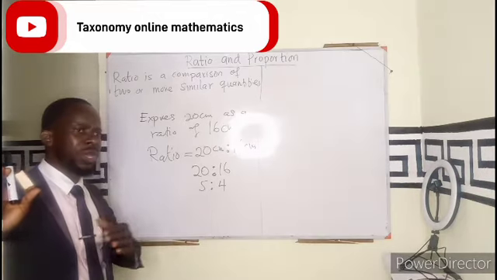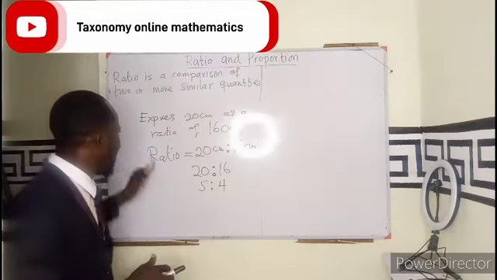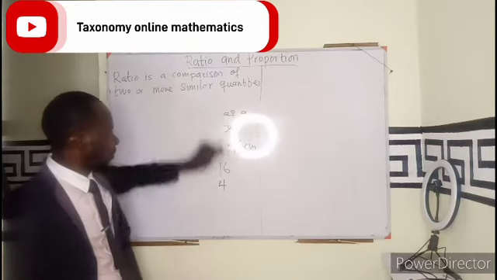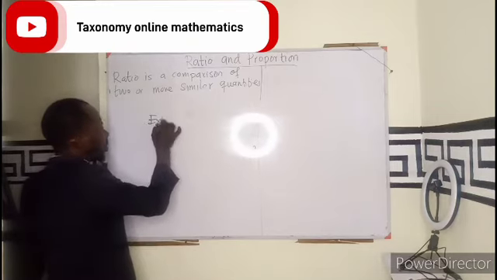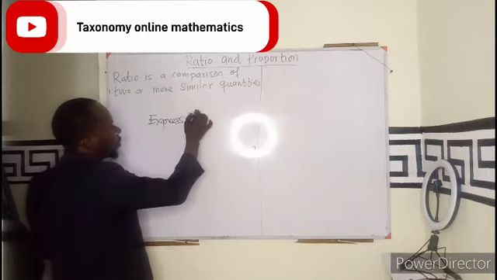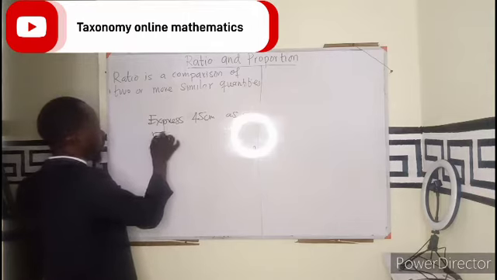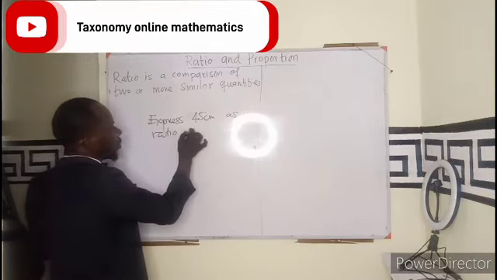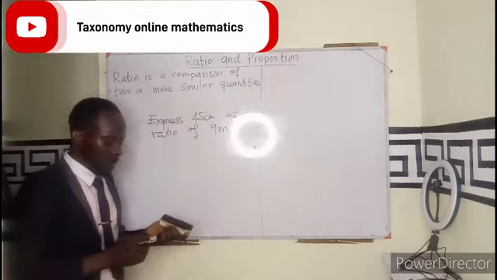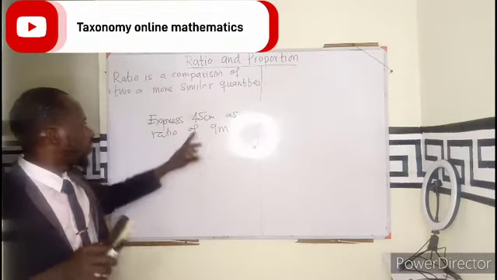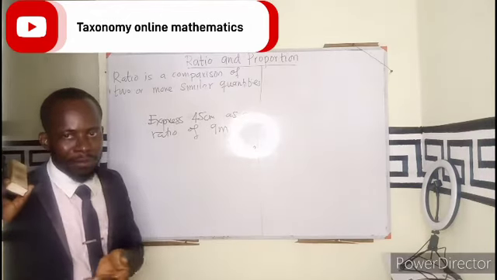Alright, so ratio can be expressed in any quantity. So if you want to take this a step further, we are to express 45 centimeter as a ratio of 9 meter.